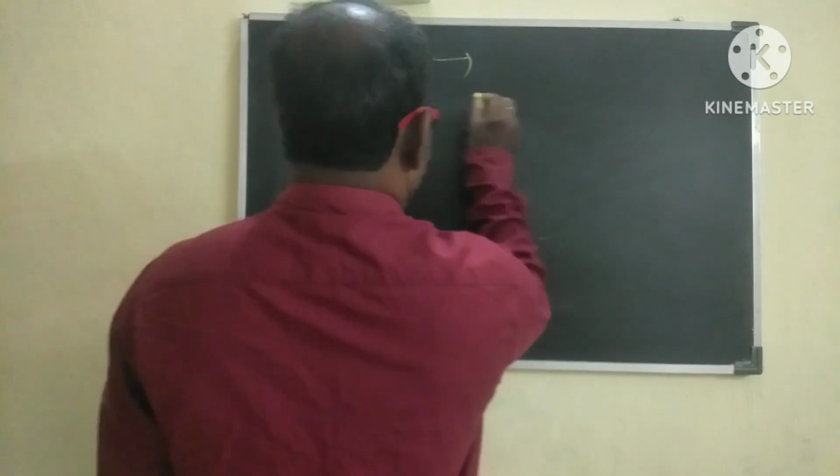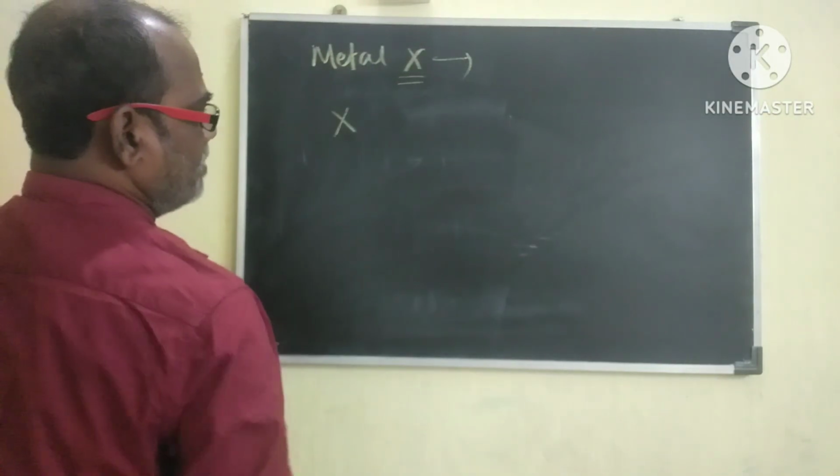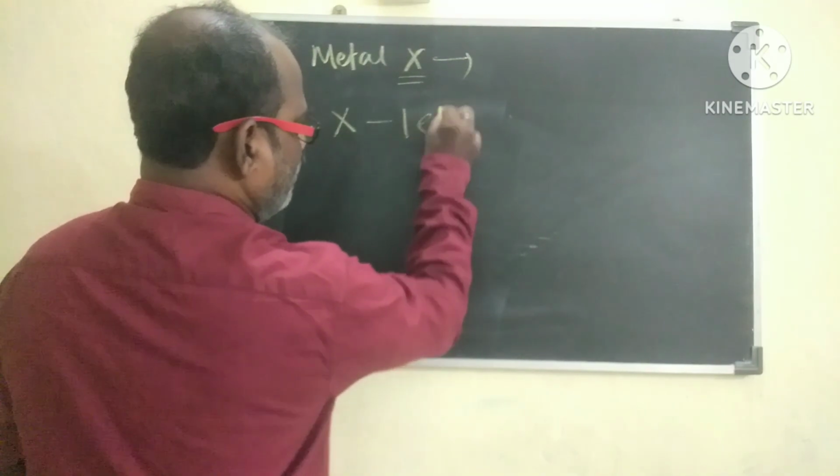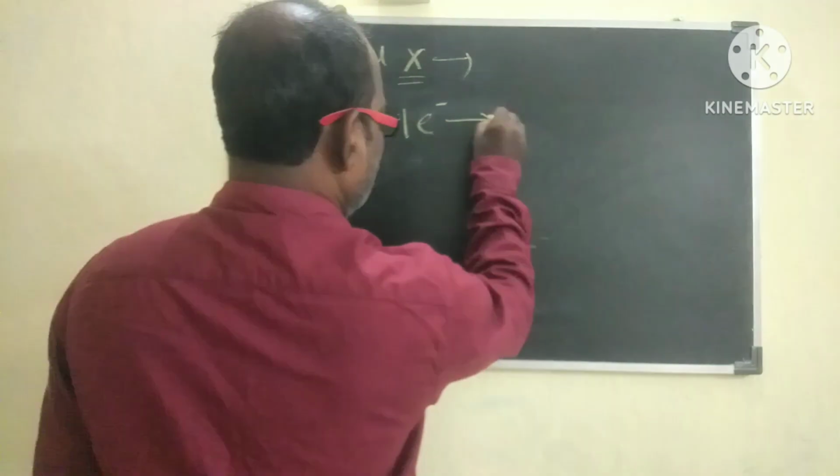So we can write it as: X is a metal, it donates one electron to form a cation.